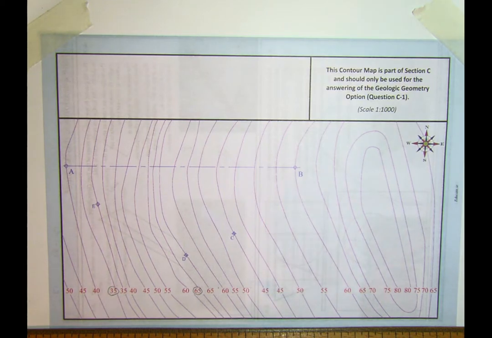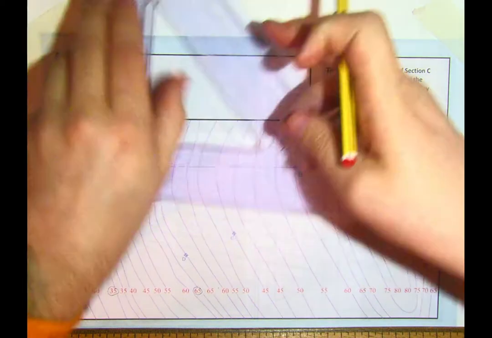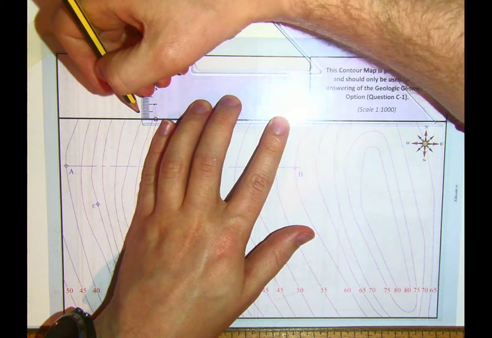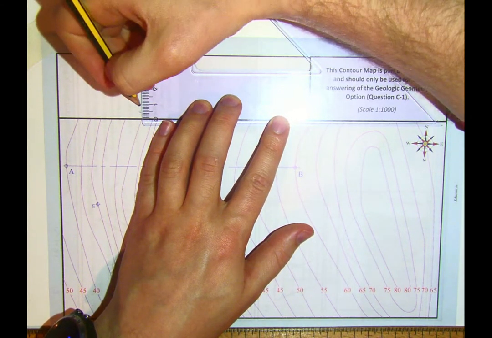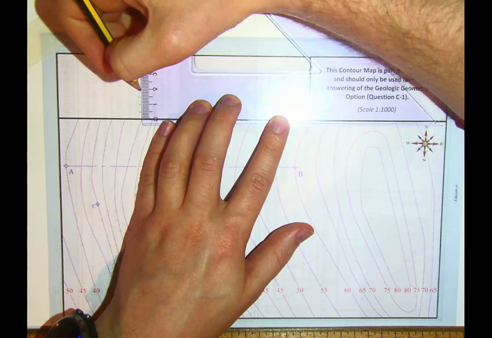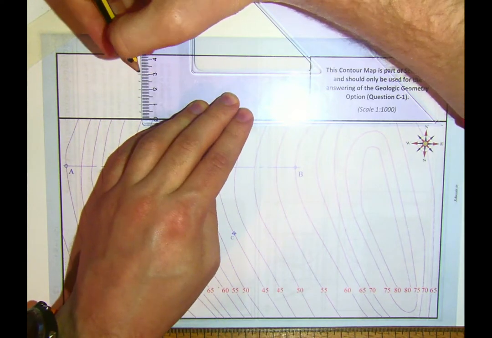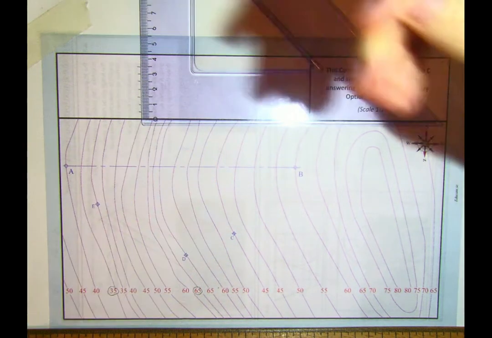So what we're going to do up here is mark off sections of 5 meters. They're 5 meter intervals as given in the question. So I'm going to start off with 35 here. That's 35, 40, 45, 50, 55, 60, and 65 is the highest one.